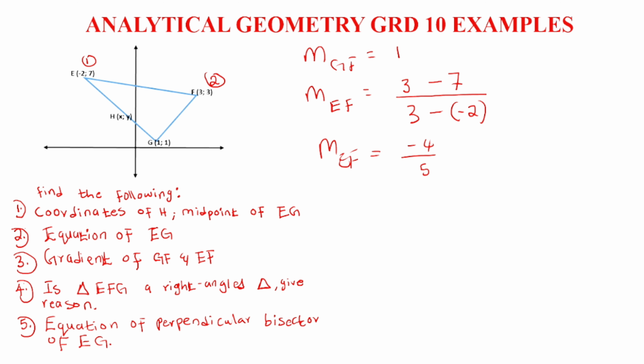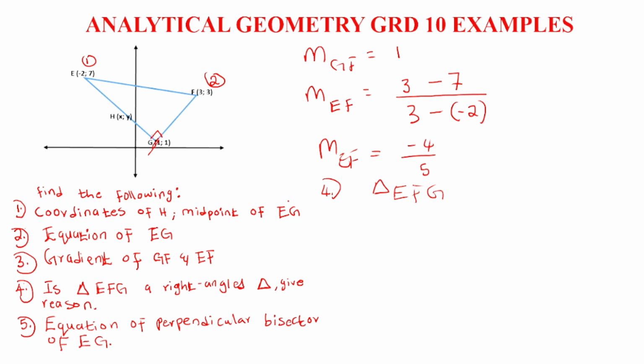Question number 4 is saying, is triangle EFG a right angle triangle? Remember guys, for it to be a right angle triangle, two sides need to be perpendicular.